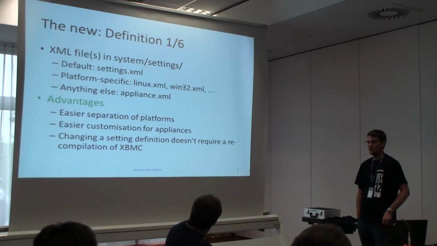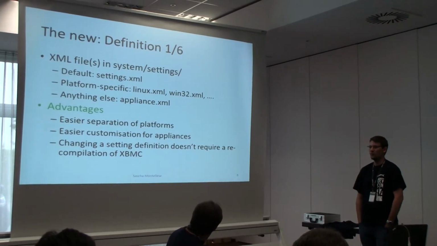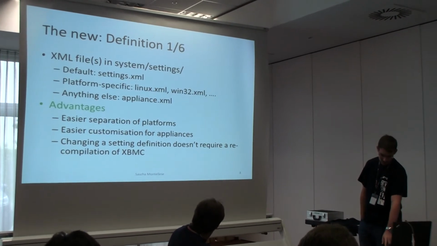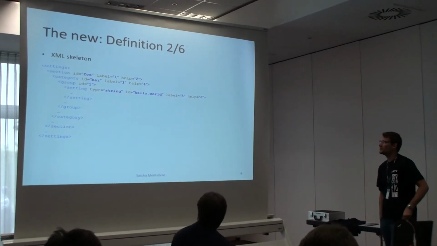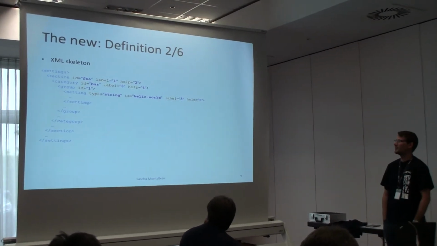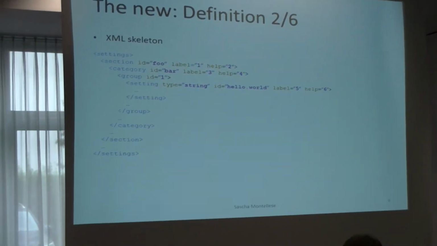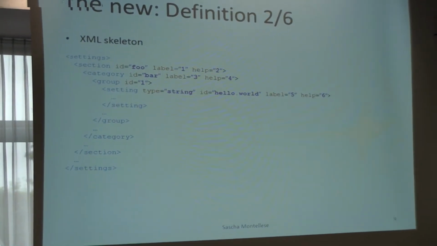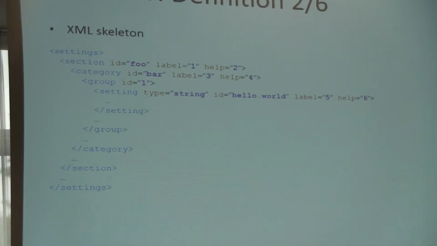And you don't have to recompile XBMC if you just change the default value of a setting or whatever, you change it there. Here's an example of how the file looks. You have the root element settings, then you have a section. Basically every element has an ID, which is unique among sections, and categories have unique IDs among categories.